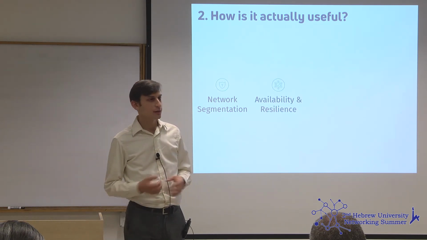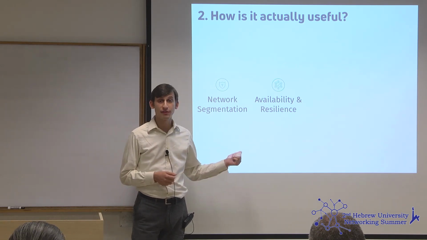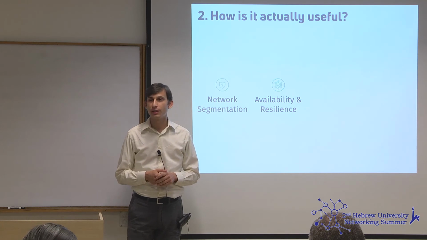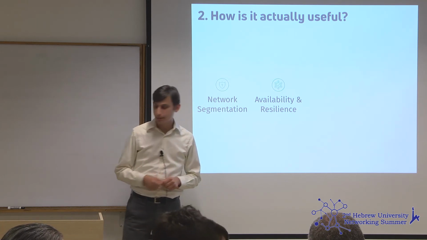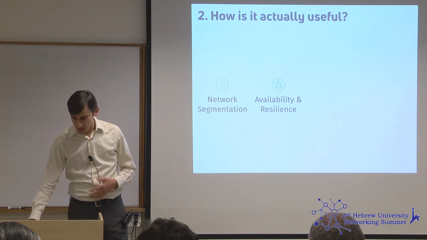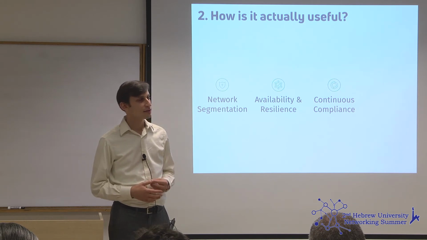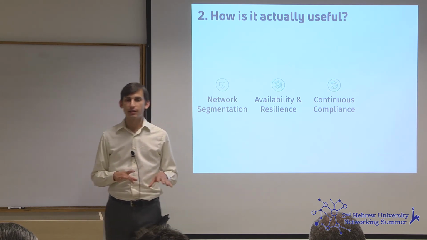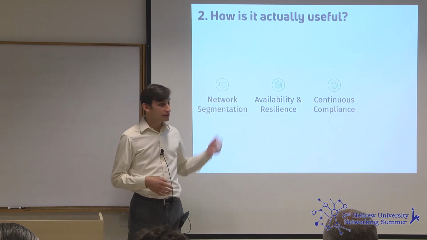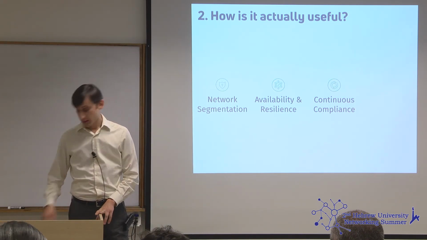Availability and resilience, also extremely important. And we saw some examples of this earlier in the talk, where you might be vulnerable to a failure. You of course want to maintain availability and also resilience even if there's a failure. Compliance involves aspects of security as well as availability, as well as just documenting the network.